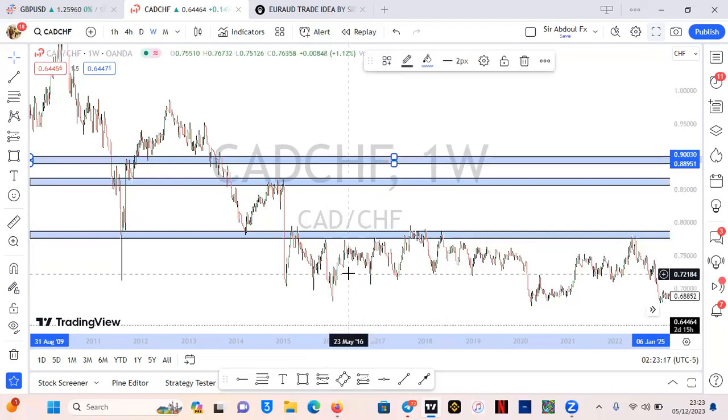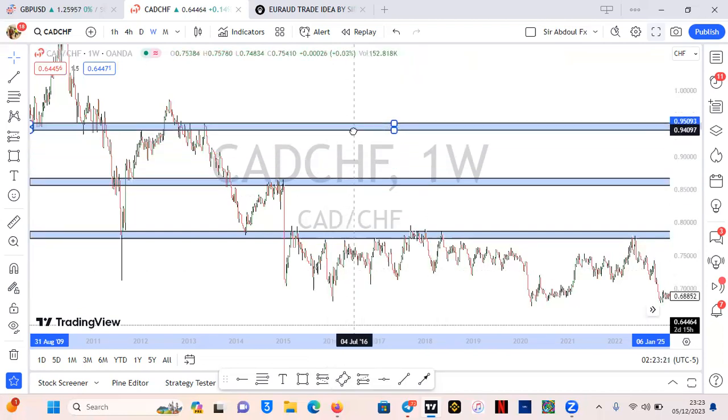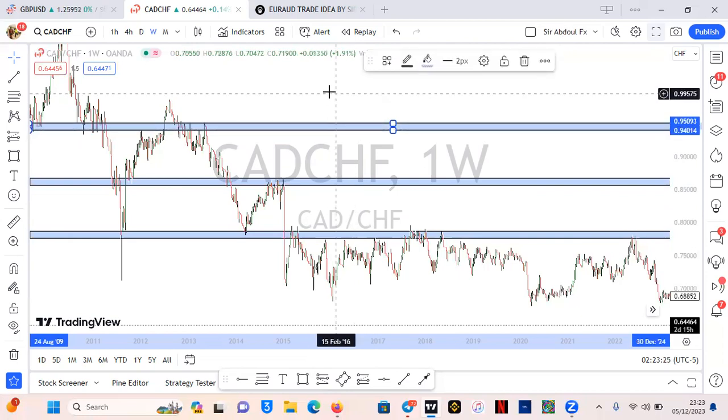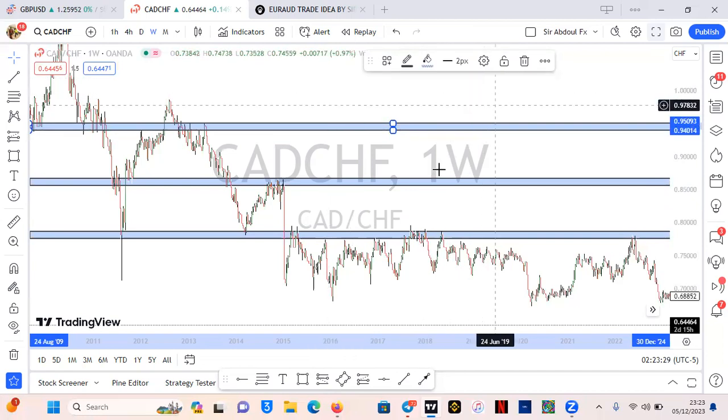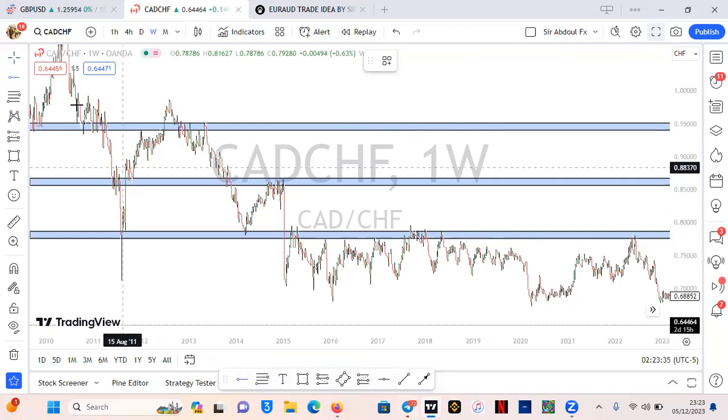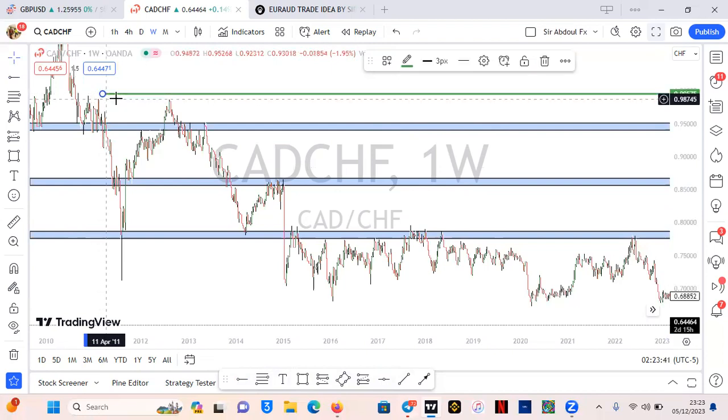And then clone this. So this is just a fake out. If you see a fake out, you can just draw something like this. Just a line on it.